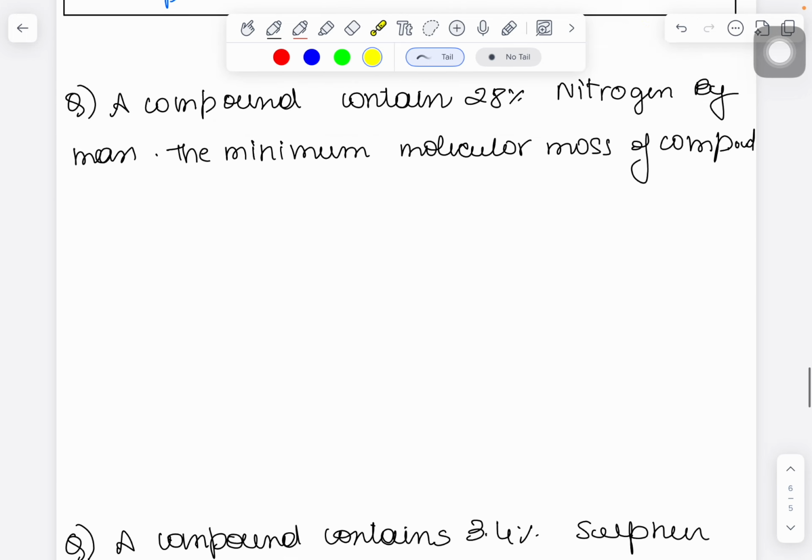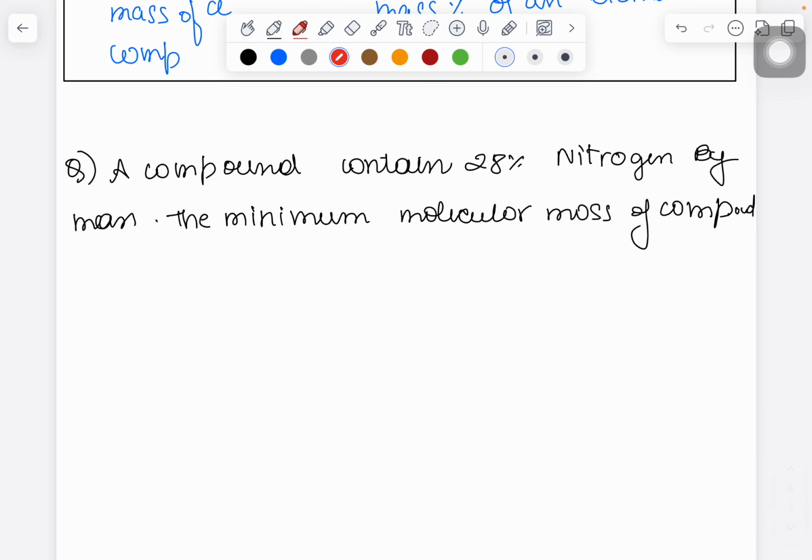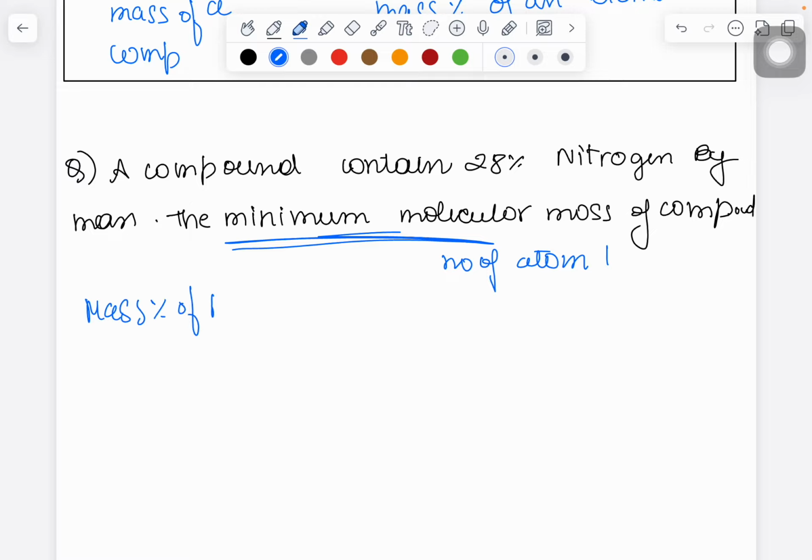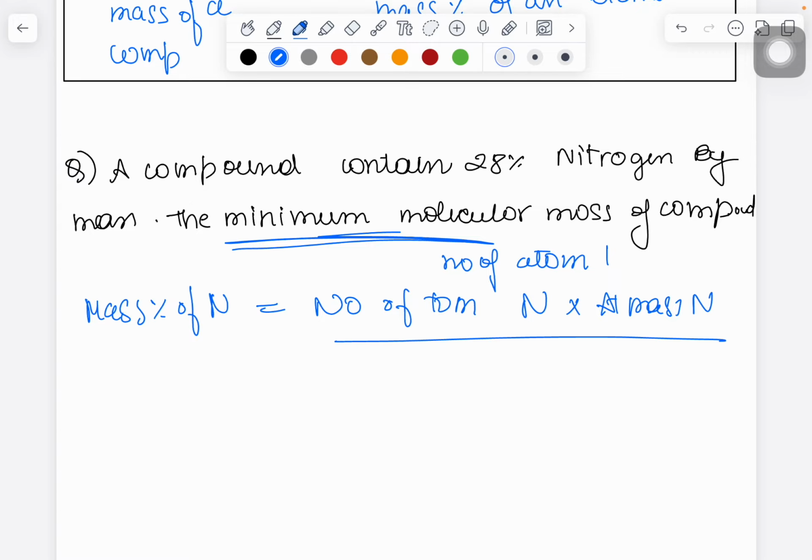So let's solve one question. A compound contains 28% nitrogen by mass, find the minimum molecular mass. They have asked minimum, so the number of atoms is always 1. The mass percentage of nitrogen, 28, is given by the number of nitrogen atoms into the atomic mass of nitrogen, divided by the minimum molecular mass, into 100.